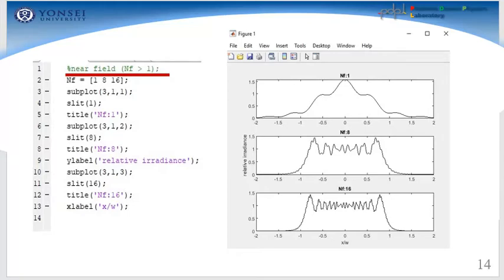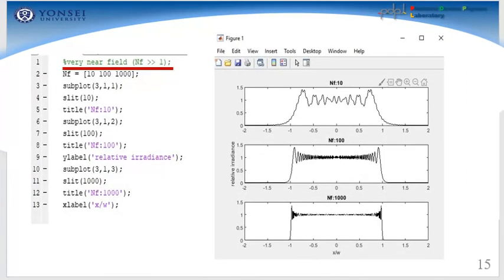This is for the near field for Fresnel numbers from 1 to 16, and the very near field Fresnel numbers are 10, 100, and 1000. As the Fresnel number increases, the signal will increase between the two main peaks.